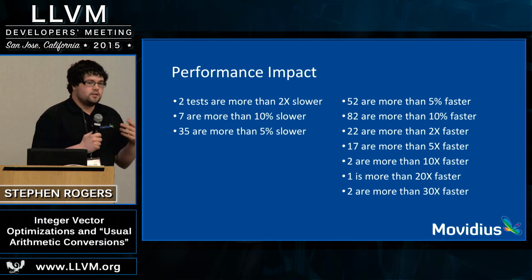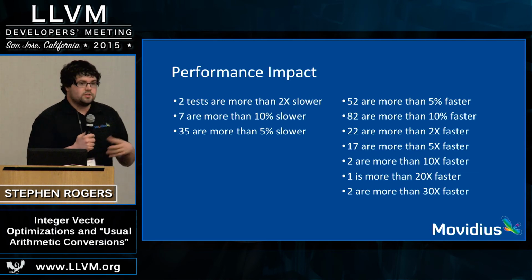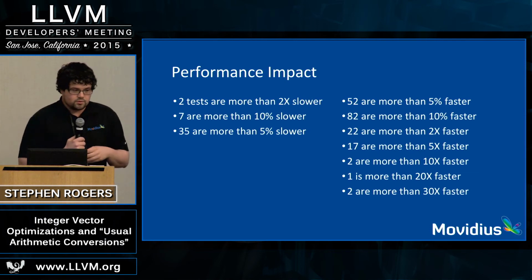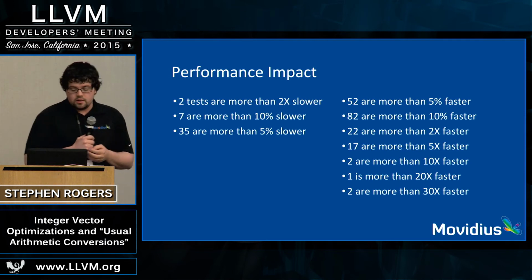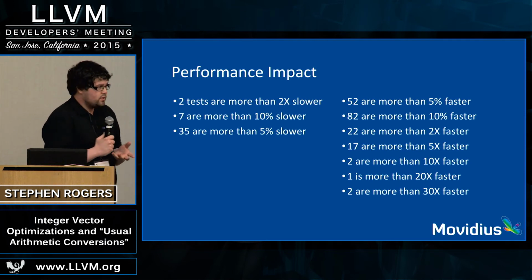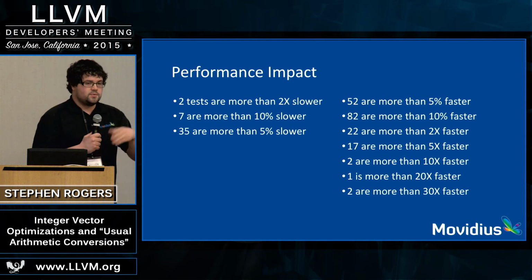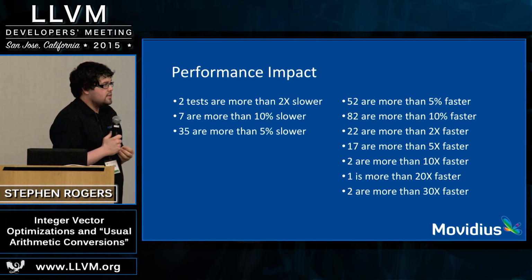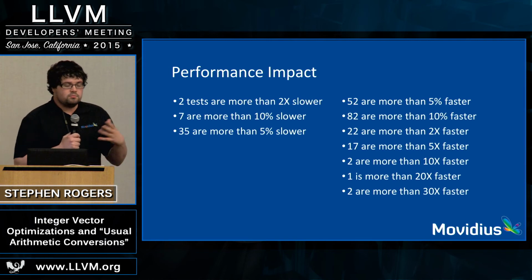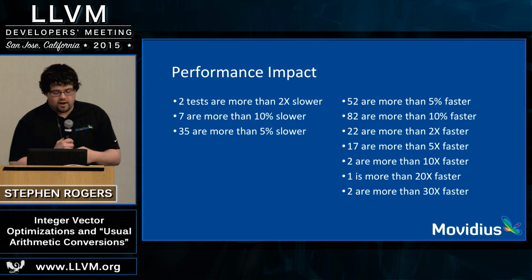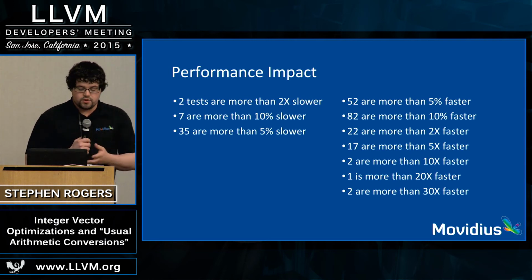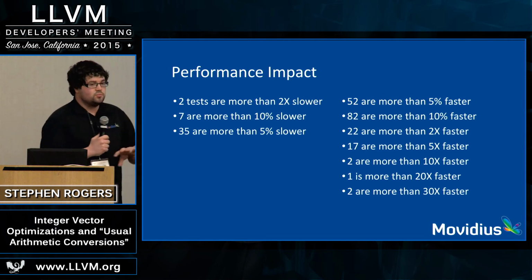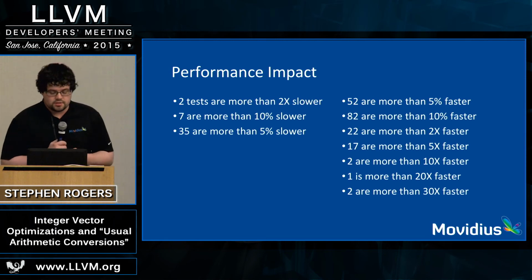So the inliner and the unroller were doing different amounts of work that was actually causing these performance regressions. So in a lot of these cases, we were able to go on a case-by-case basis and use things like pragma unroll and force inlining to manually adjust these regressions. And in a lot of cases, we were able to completely reverse the regression we were seeing.